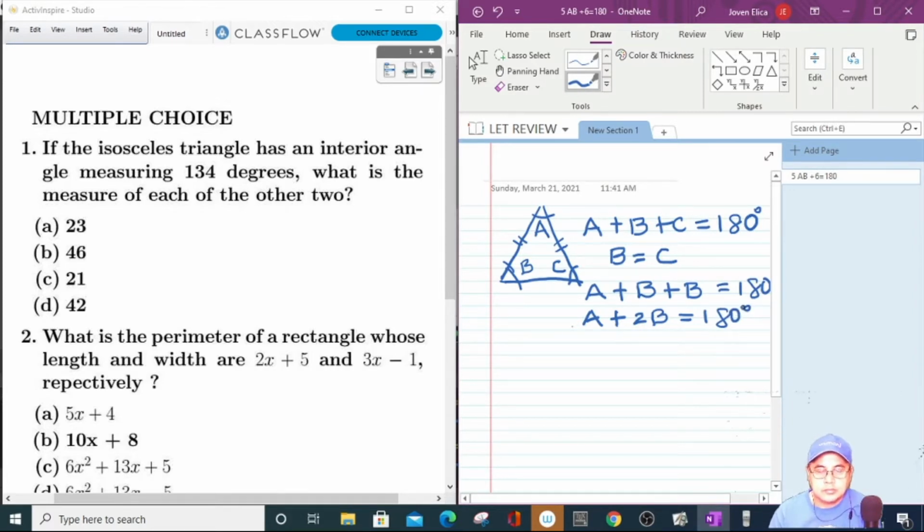So this will be our reference equation. Given 134 degrees is actually the value of the third angle. Okay?